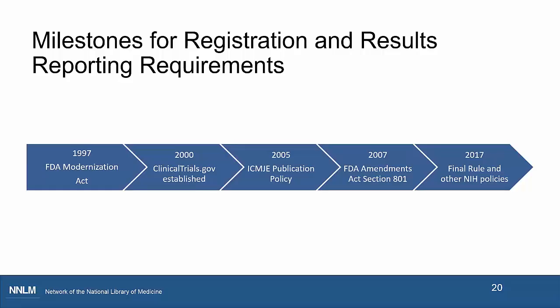Another regulation, the National Institutes of Health Policy on the Dissemination of NIH-funded clinical trial information, established the expectation that all investigators conducting clinical trials funded in whole or in part by NIH would ensure these trials were registered on ClinicalTrials.gov and their results information was submitted.